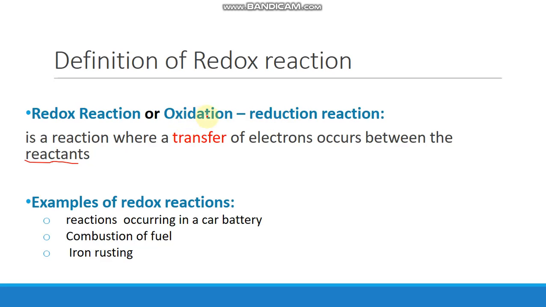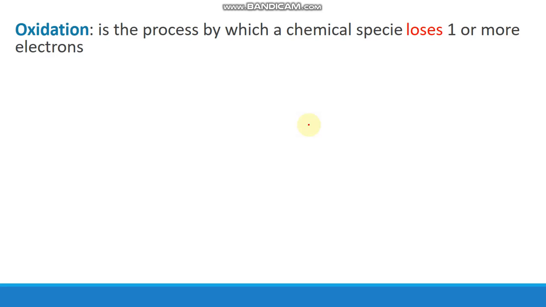So we have two phenomena that occur during the redox reaction: oxidation and reduction. What is oxidation? Oxidation is a process by which a chemical species loses one or more electrons. So when a chemical species loses one or more electrons, it undergoes what? Oxidation.